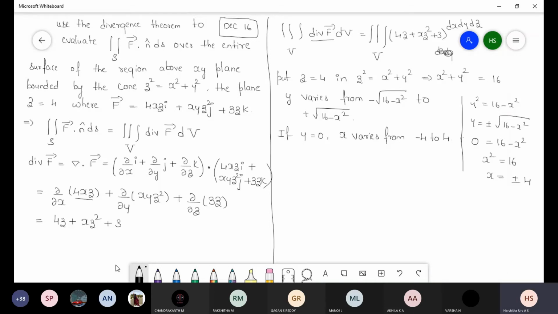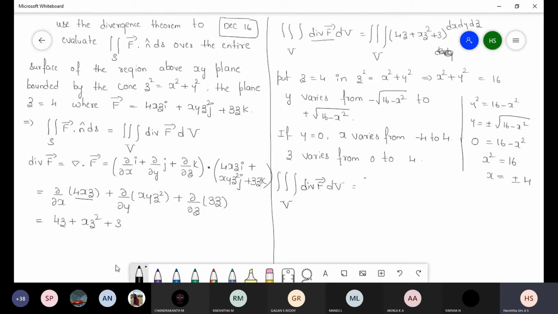Next, last one, z varies from 0 to 4. Next, apply this in the RHS side of the Stokes theorem formula.